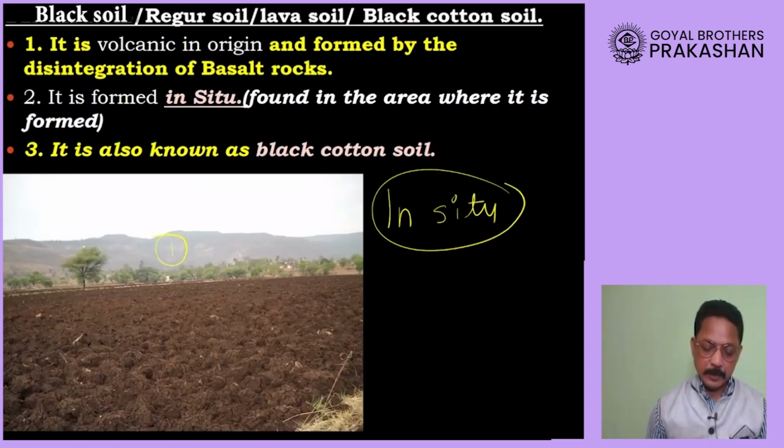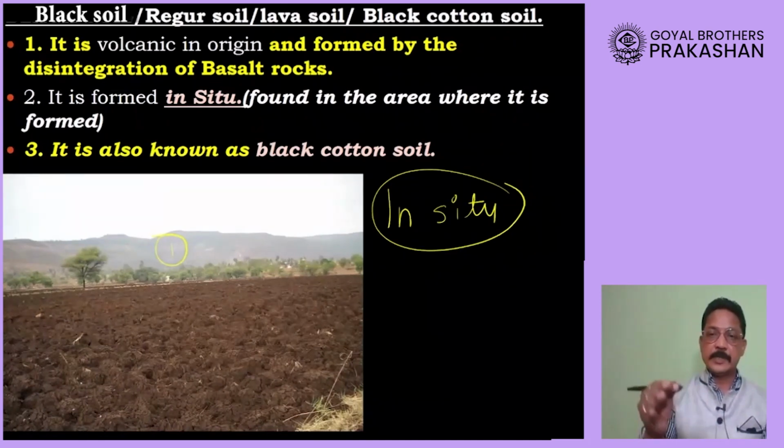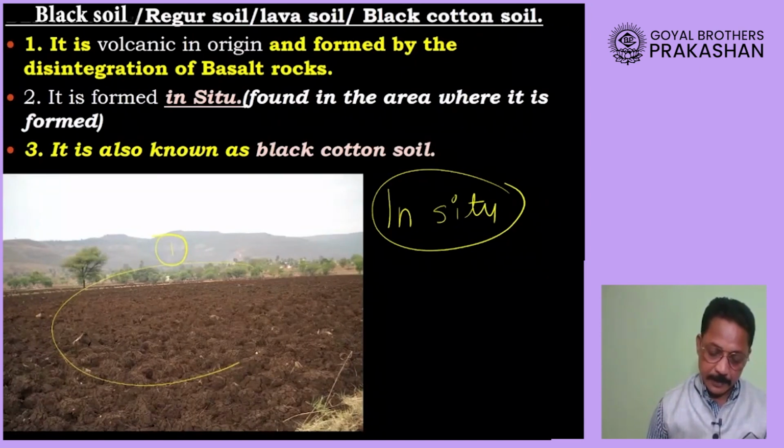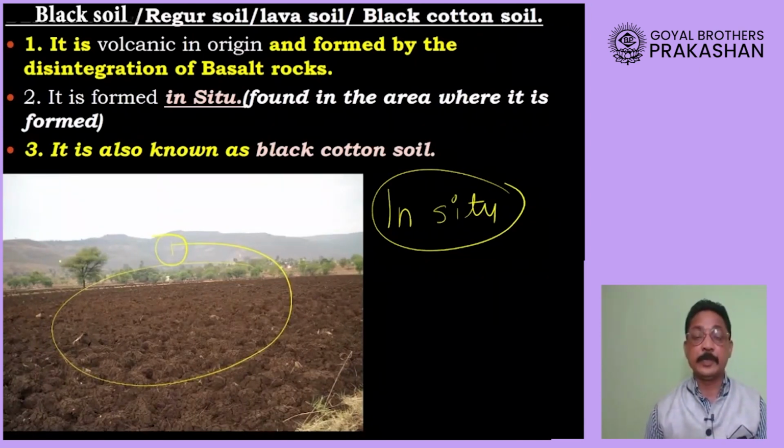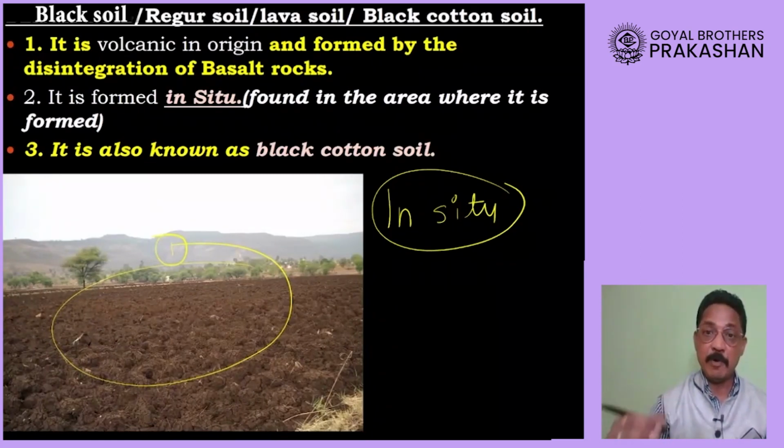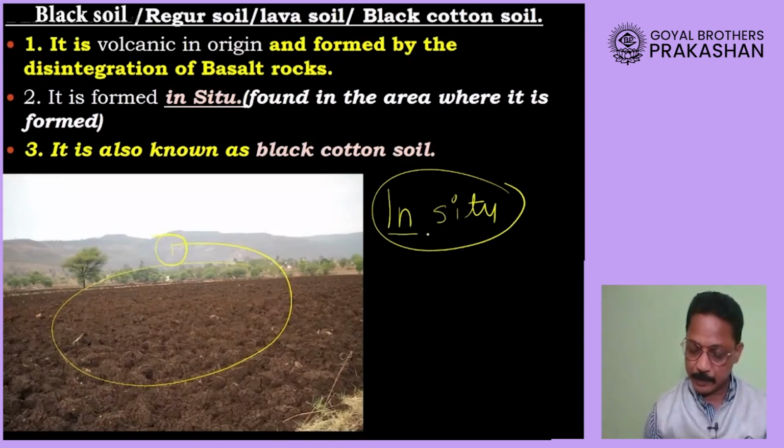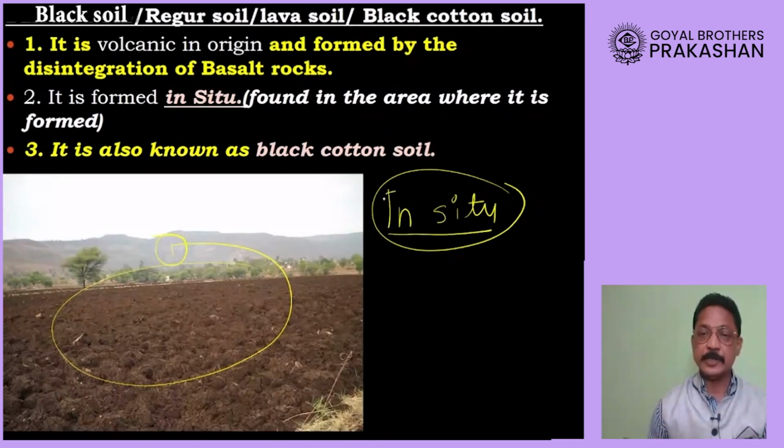This mountain consists of basalt rock. When this mountain starts getting disintegrated, the soil formed will get deposited nearby this mountain. It means black soil will be found where it is getting formed. Such soils are called in situ soil.